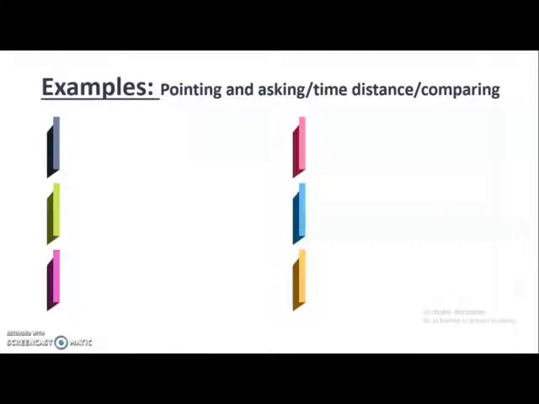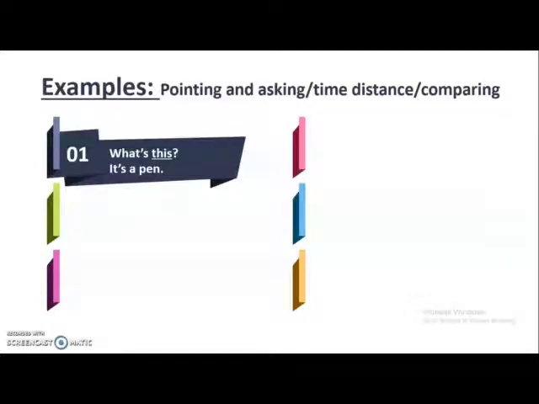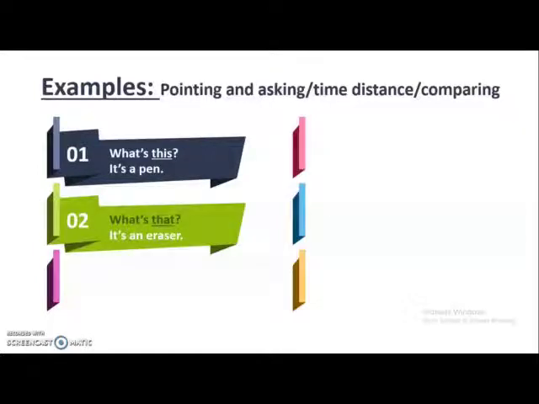Let's take some more examples. Firstly, I'm going to give you 4 sentences or examples to show you how you can point and ask for nouns or things. What is this? It's a pen. What's that? Or you can say, what's that?